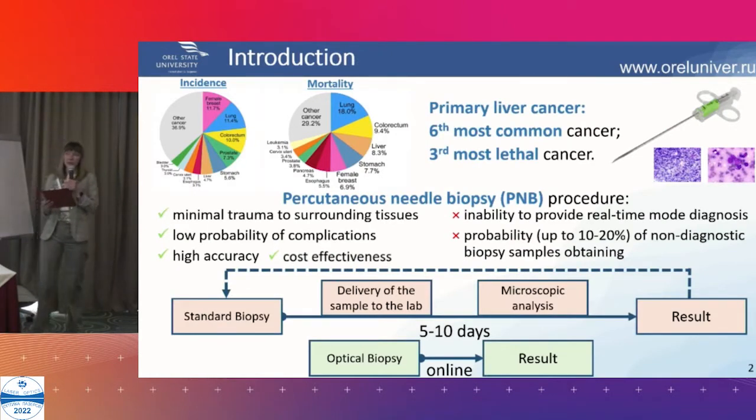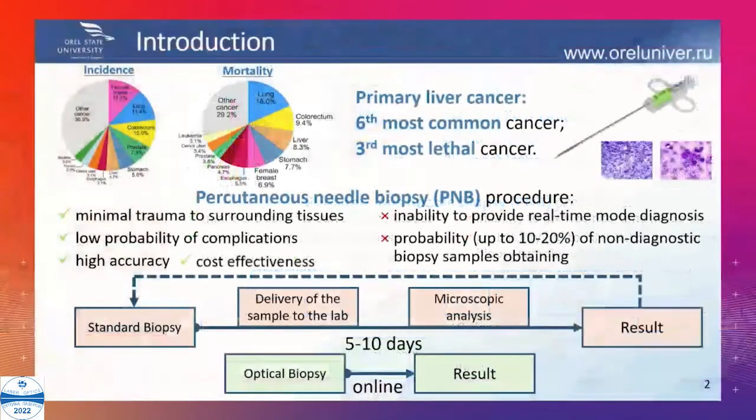Primary liver cancer is the sixth most diagnosed cancer and the third leading cause of cancer death worldwide. The final diagnosis is verified by histological and cytological analysis of percutaneous needle biopsy (PNB), which remains the gold standard for diagnosing liver cancer.